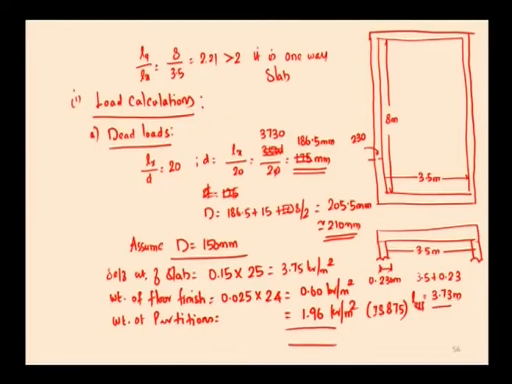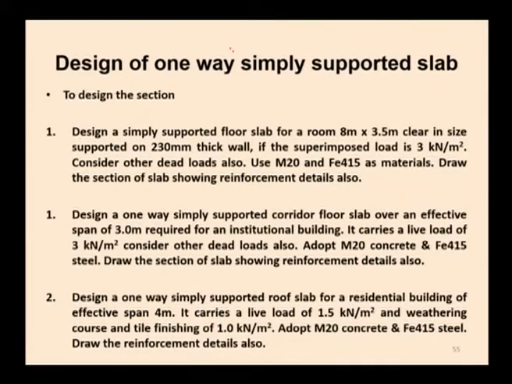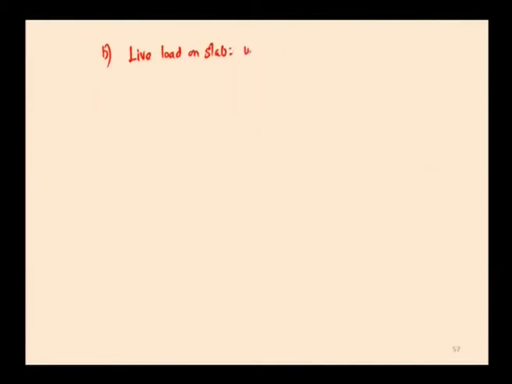Now, we need to find out the total dead load, that is indicated by WD, that is equal to 6.31 kilonewton per meter square. Next, B, live load on the slab, which is given in the problem. Live load is 3 kilonewton per meter square, WL is equal to 3 kilonewton per meter square.